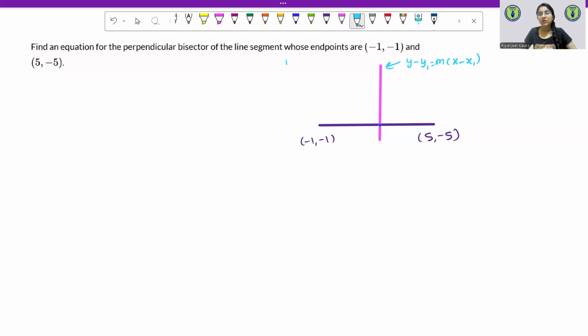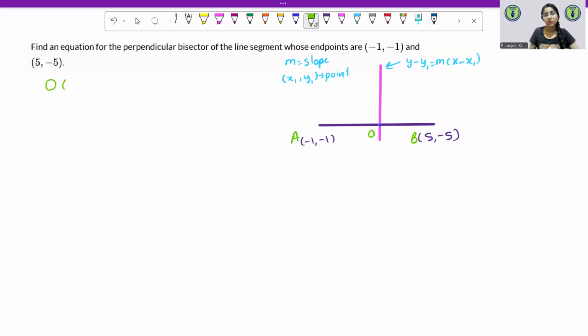That means we need to find out the slope and we need to find out the point. These are the two things needed for finding out the equation. They are saying the pink line is dividing this purple line into two equal parts. If it is dividing it into equal parts, then this point O should be the midpoint of AB.